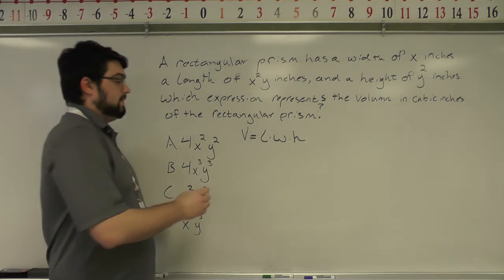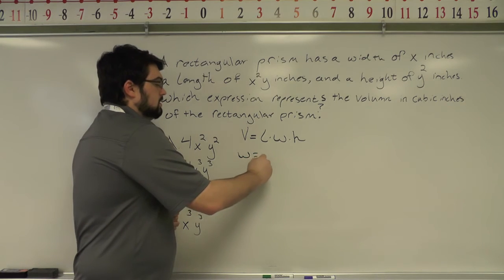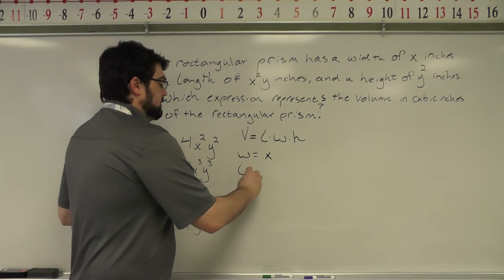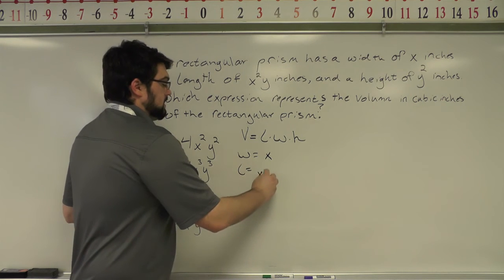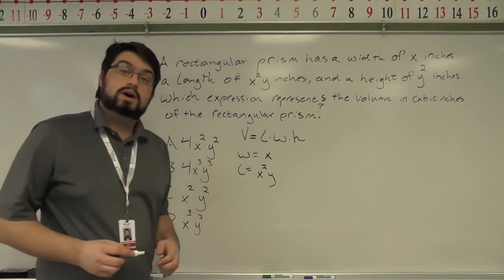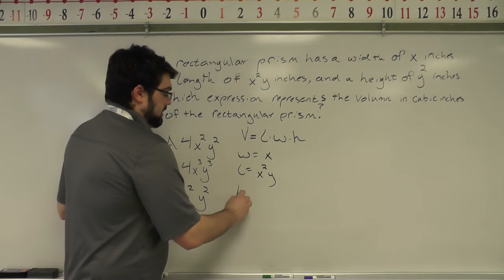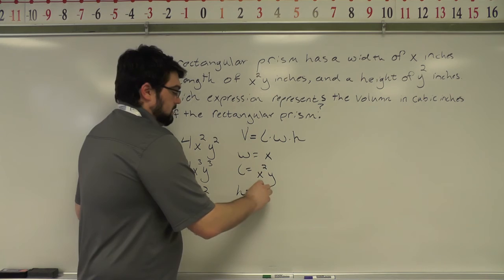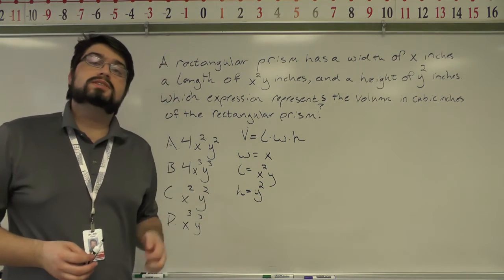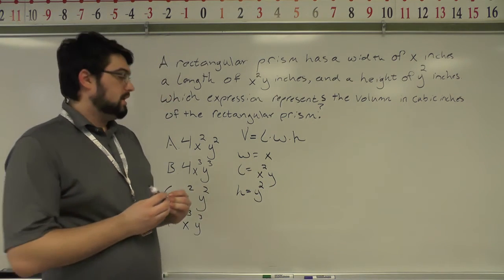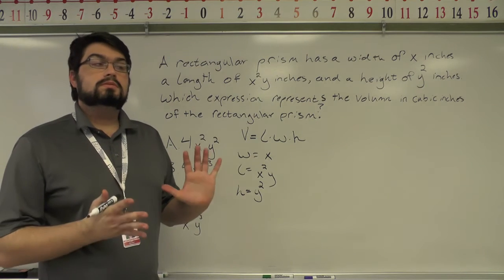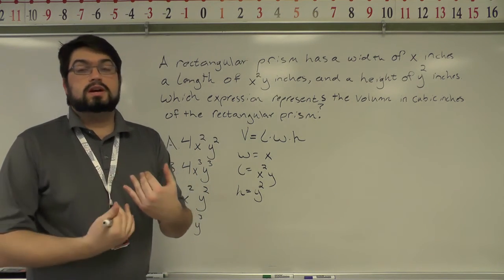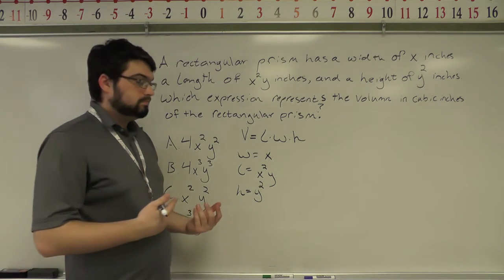We know that the width is x. We know that the length is x squared y. We know that the height is y squared. And of course, all of these are in inches. I'm just not writing those down because it's tedious and I don't need to in order to figure out what the final answer is.